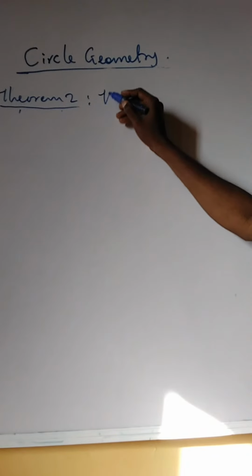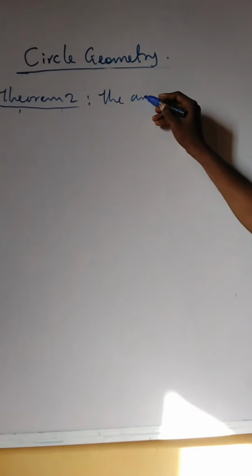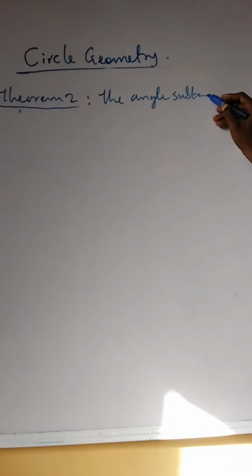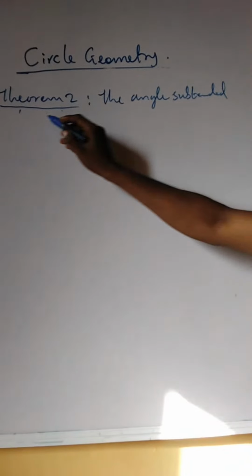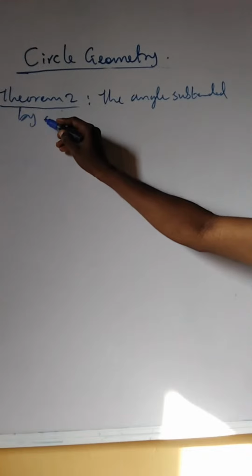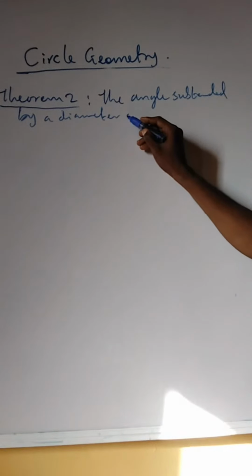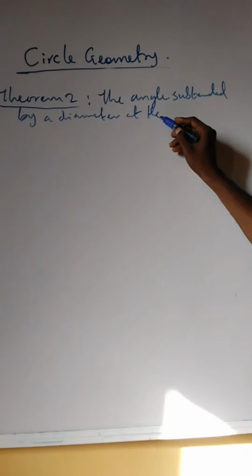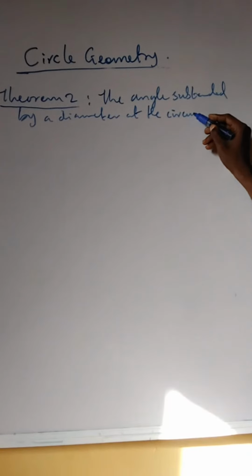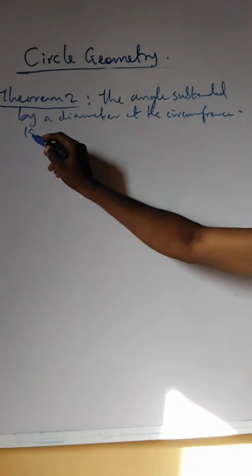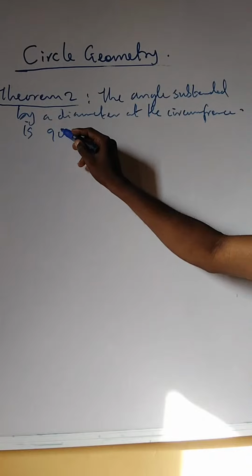The angle subtended by a diameter at the circumference is 90 degrees, a right angle.